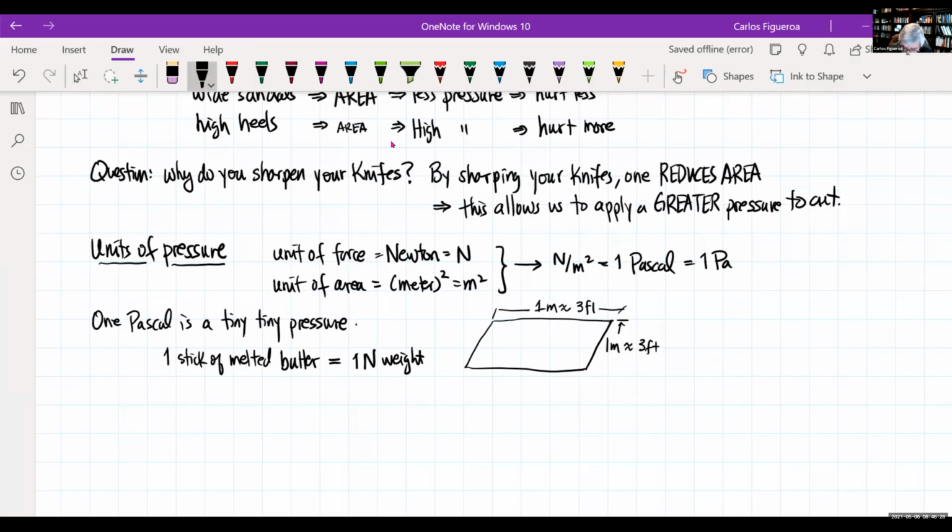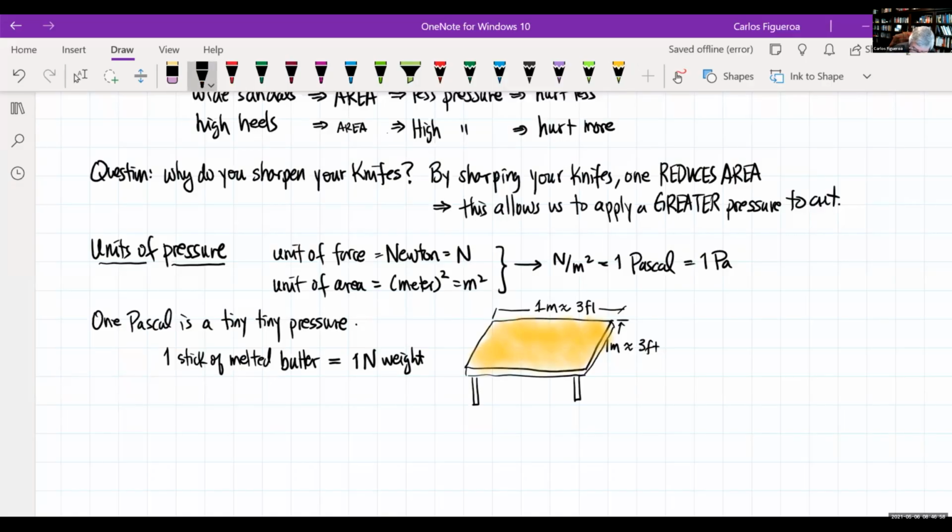So it's not like a super big table, but we could imagine that it's a table nonetheless. And then you want to take that butter and spread it all over the top of the table.